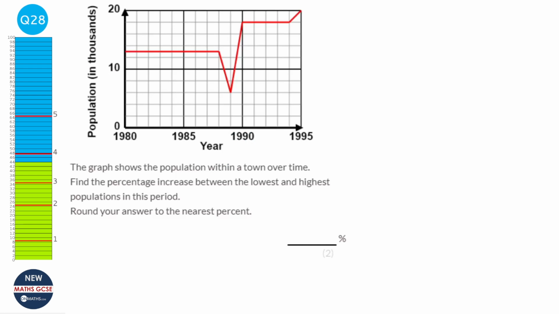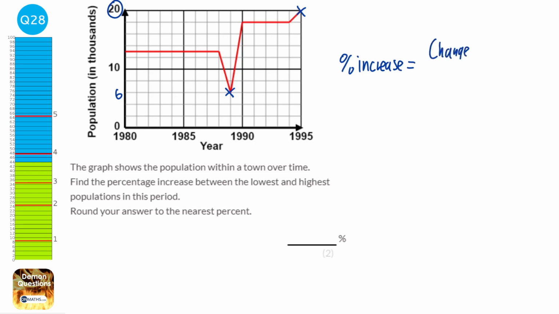The lowest point on this graph is here, and that's at 6, and the highest point is here at 20. And we're looking for percentage change or percentage increase, and the formula is change over original times 100.